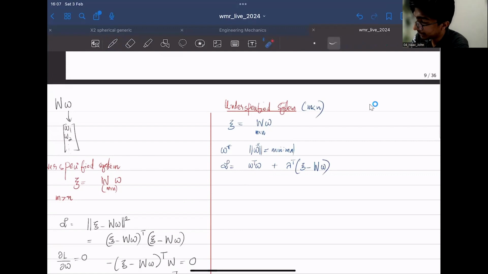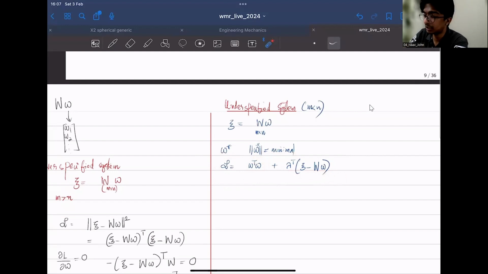What this objective function means is that you have to find the minimal norm solution for omega such that it follows these constraints.